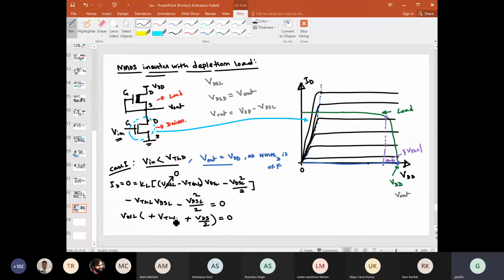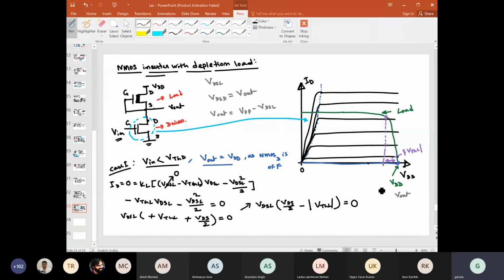This VTHL value is negative, so if you want, you can also write it as VDSL into (VDS by 2 minus the modulus of VTHL). Here we are considering only the absolute value inside, just to understand that this value is positive, and this part is equal to 0.